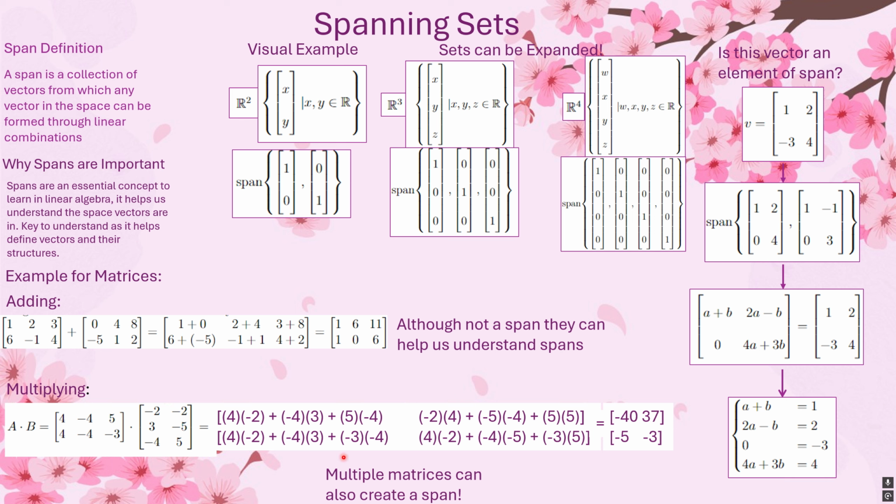Another piece of useful information I learned is that multiple matrices can also create a span, and I've included something short as a visual representation of what a span looks like. Say our span is R2, it requires two vectors, and these vectors are the elements of the span.